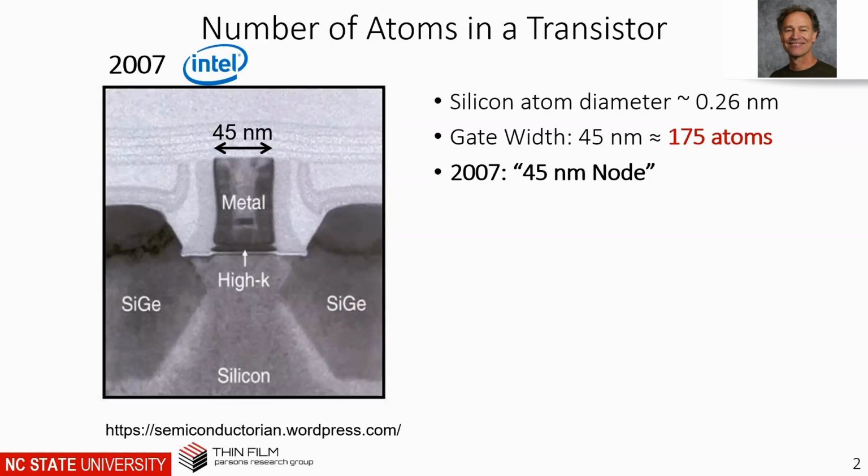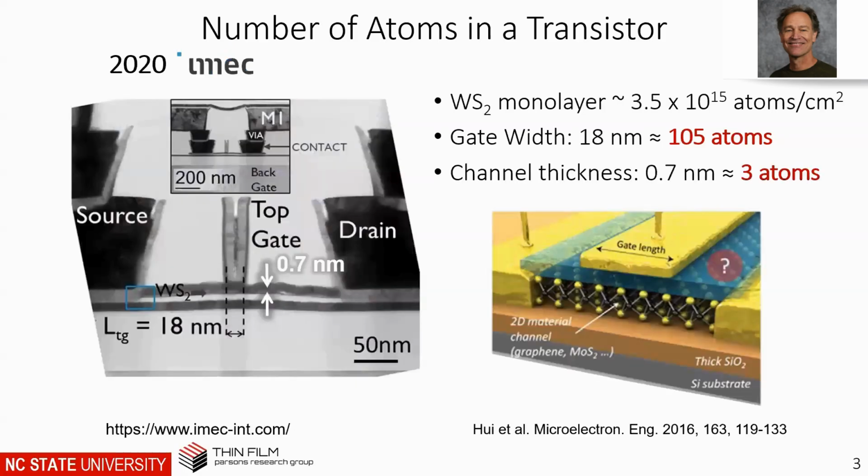Now the transistors are much smaller, and the number of atoms, of course, is also smaller. This is a transistor shown in 2020 by IMEC, which is in Belgium. They showed a transistor that uses a two-dimensional metal chalcogenide, tungsten diselenide or tungsten disulfide.